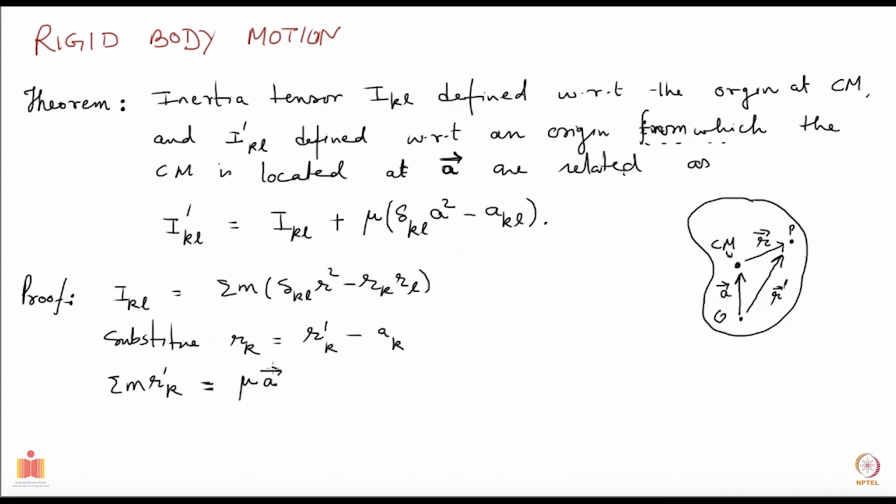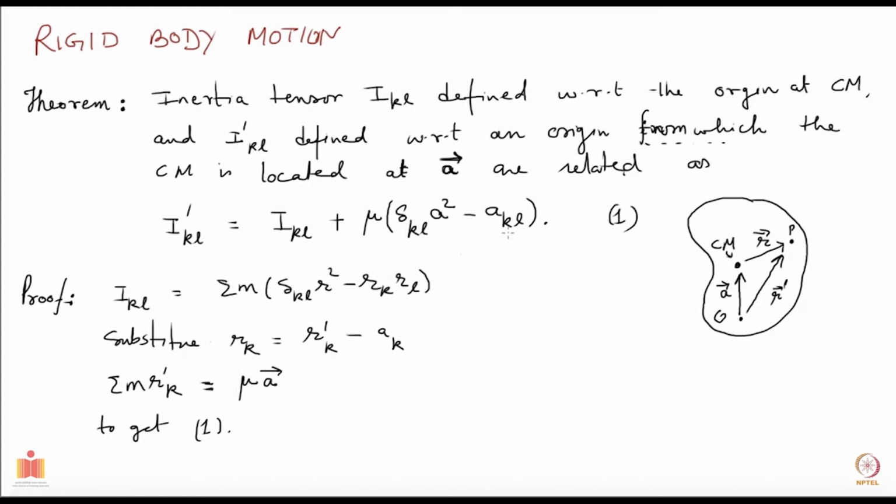Total mass times the location of your center of mass. So this is all what you need to use, and you will arrive at your theorem, which is given in equation 1. Okay, so please do that exercise and prove for yourself this relation.